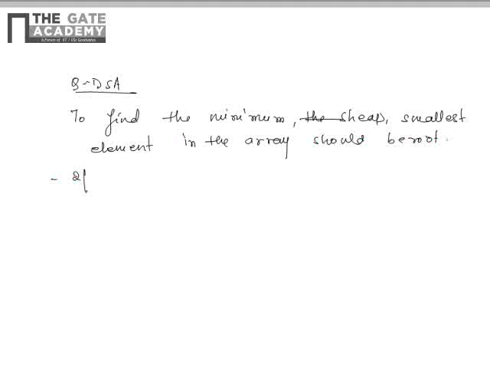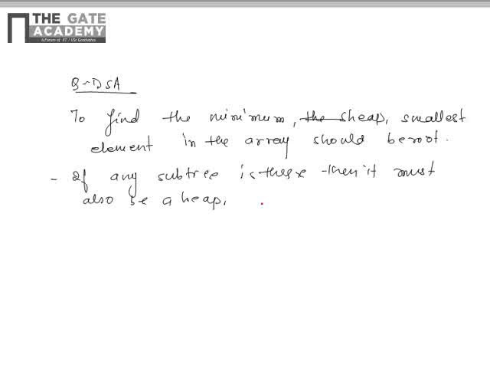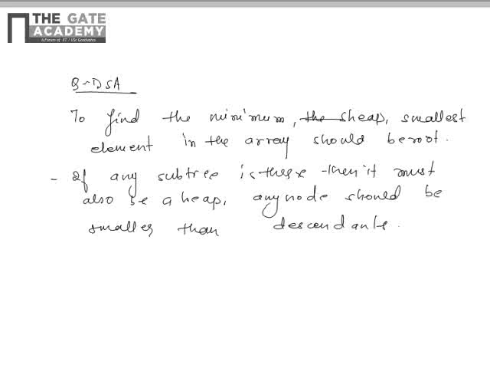Okay, if any subtree or subnode is there, then it must also be a heap. Means that any node should be smaller than its descendants, right? So check option A.